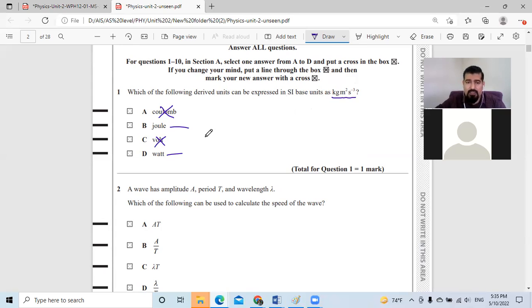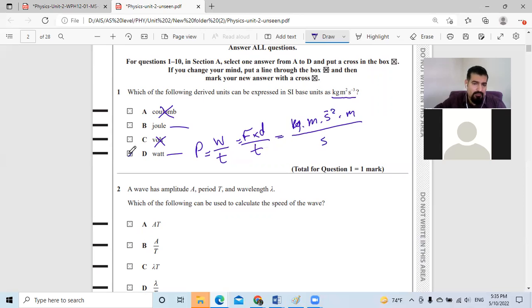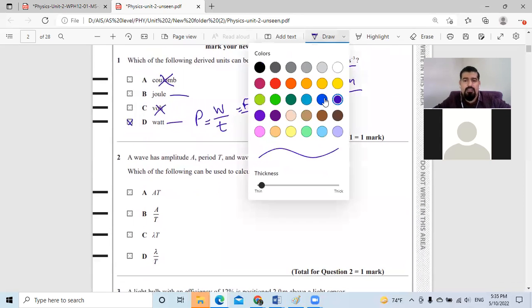Yes, it is watt, because watt is power, and power equals work over time, and work is force times distance. So it will be kilogram meter per second squared, times meter, over second. So it will be second to the power of minus 3. Yes, it's watt. Good.